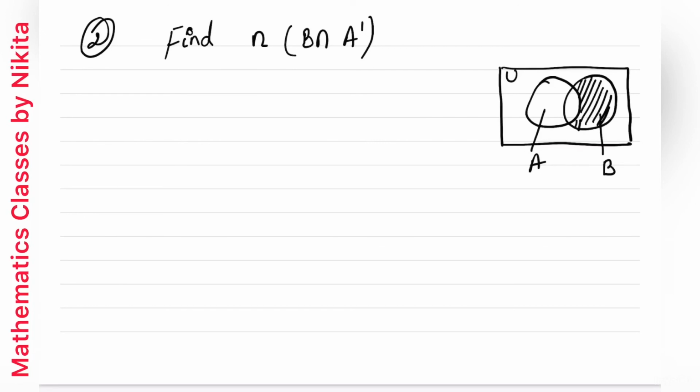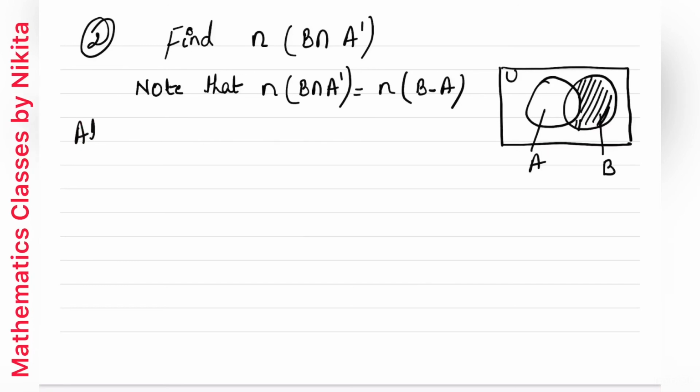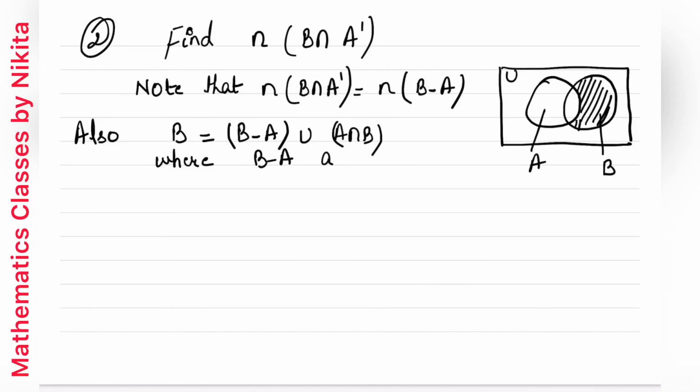And this is the same as B minus A. So note that this is the same as the number of elements in B minus A. Also, the set B can be written as B minus A union with A intersection B, where B minus A and A intersection B are disjoint, they have nothing in common.